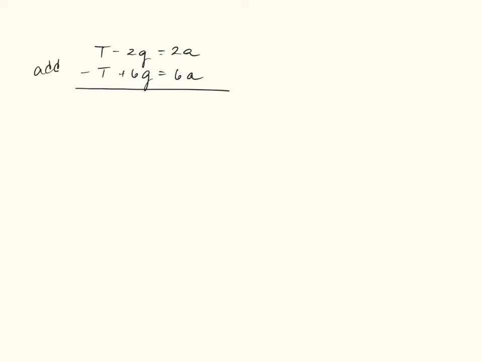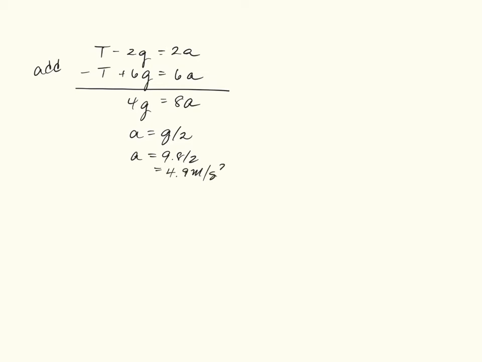By doing that, we can see that the T's go away. So T and negative T gives you a 0, and we get 4g equals 8a, or a is equal to g over 2, which we can put in 9.8 over 2, and we get an acceleration of 4.9 meters per second squared.